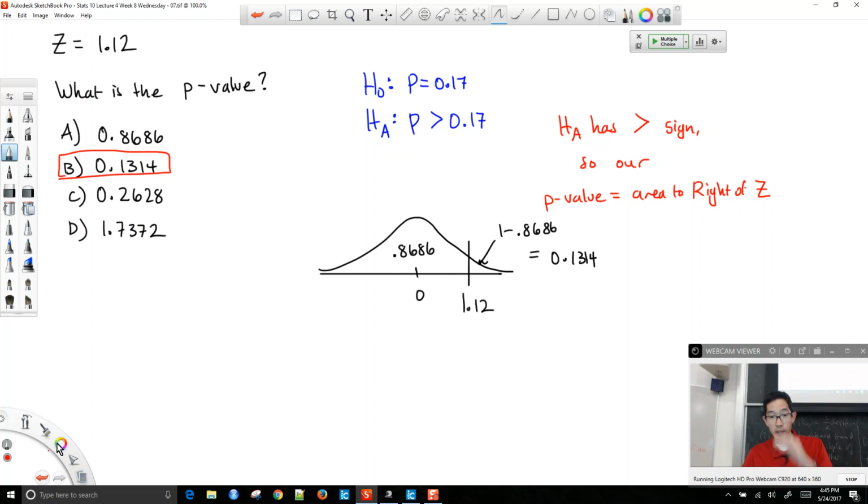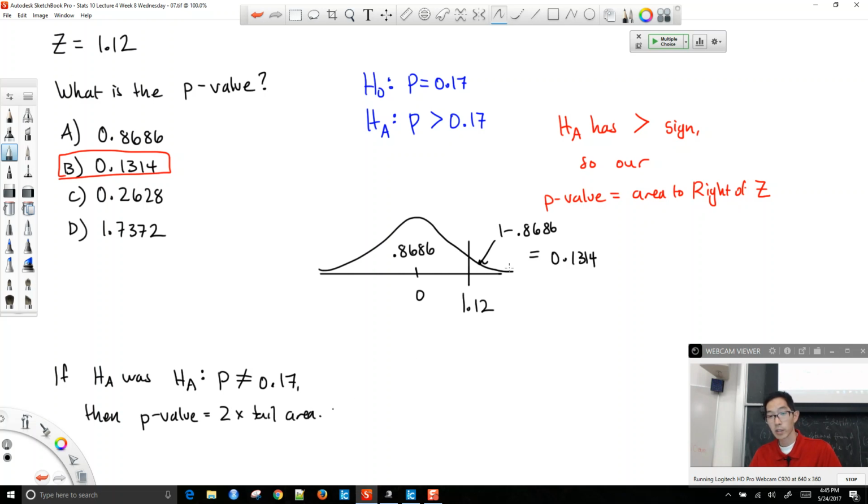If the alternative was p is not equal to 0.17, then our p-value is equal to 2 times the tail area. In this case, the tail area is the side going away from 0.